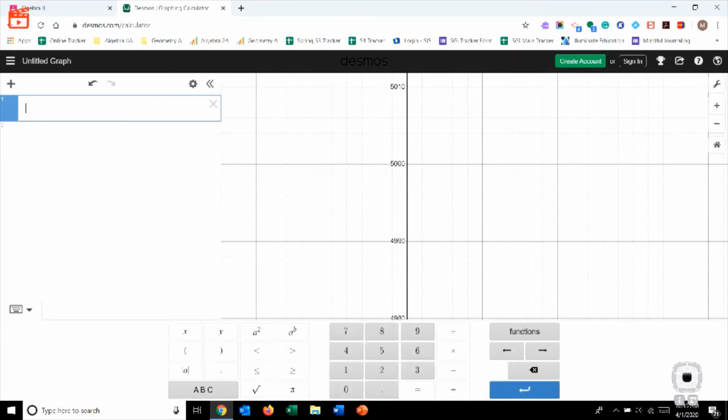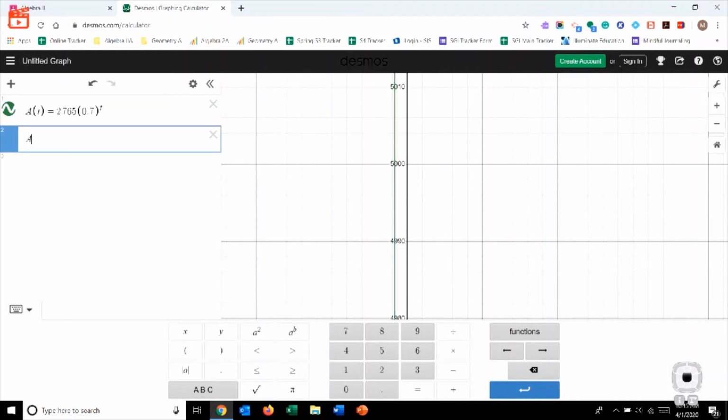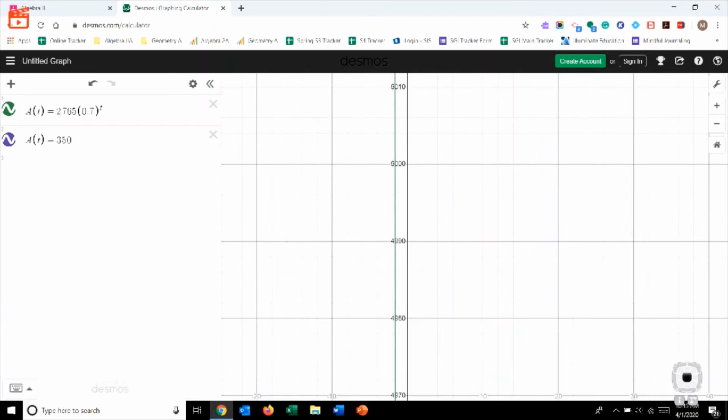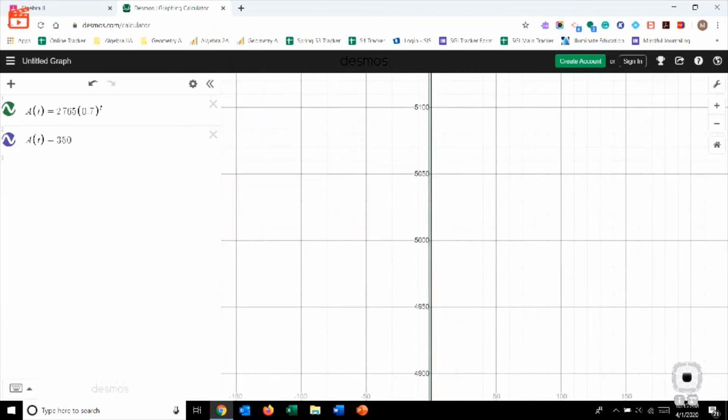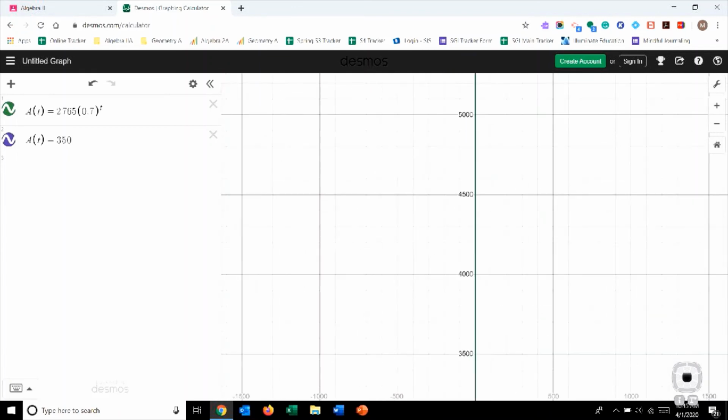Our first one is A of t is equal to 2,765 times 0.7 and then to the t power. And then our second equation is A of t is equal to 350.